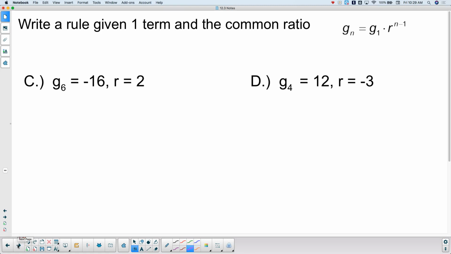Next style of problem gives you any term or some term in the sequence and the common ratio.